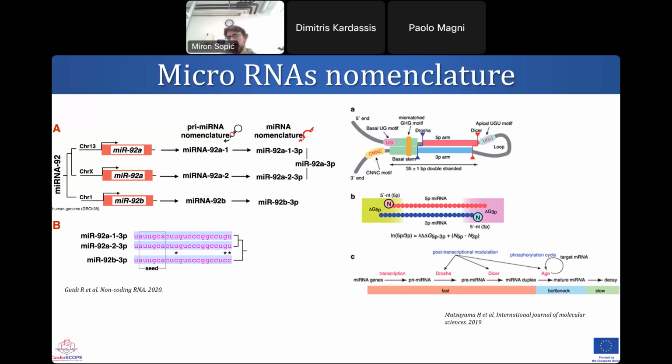There are many mechanisms currently being discussed, including what I already explained to you, on why sometimes the RISC complex can favor the other strand instead of the one that we thought might end up being the leading sequence. So to answer the question, yes, we can have different types of selection, which is not canonical, let's say, but currently there is no consensus on what mechanisms drive this.